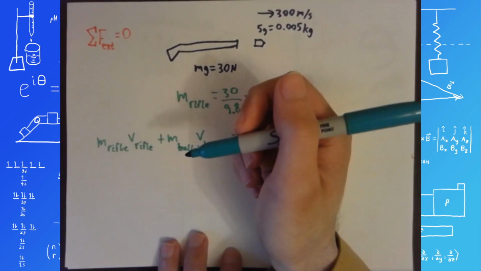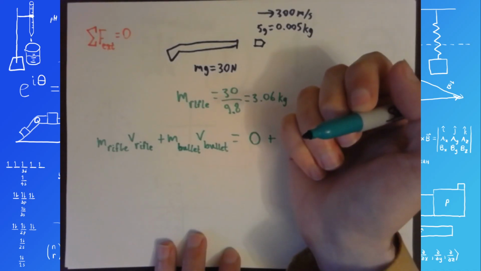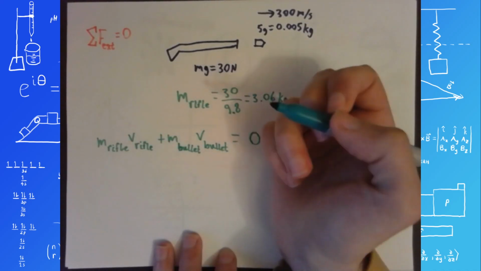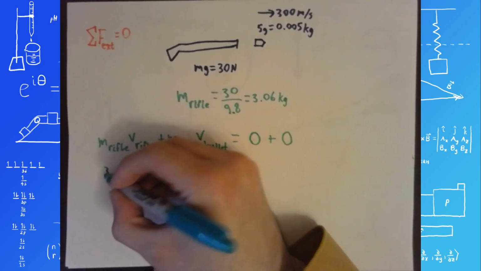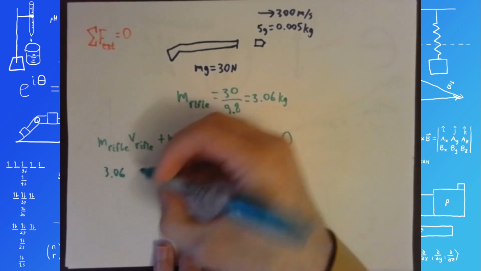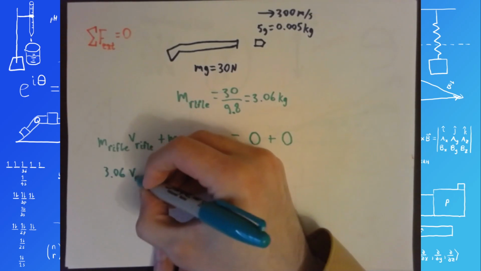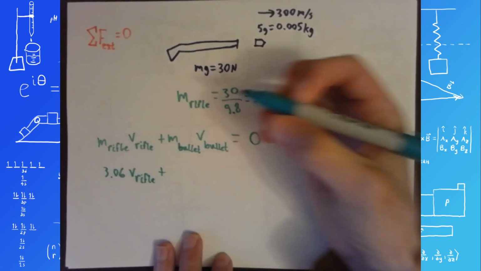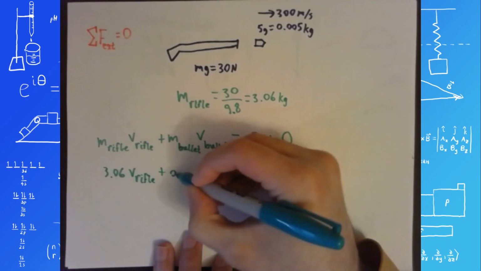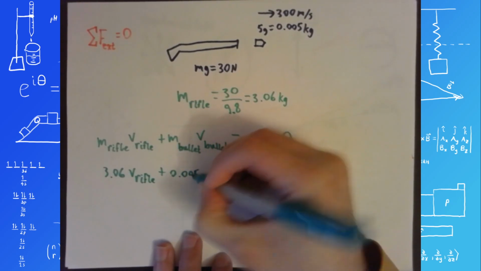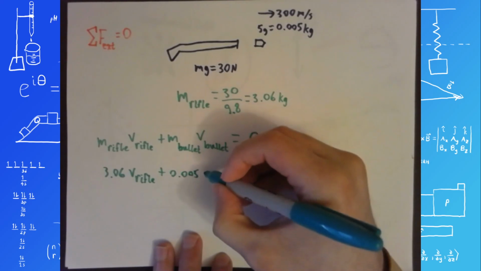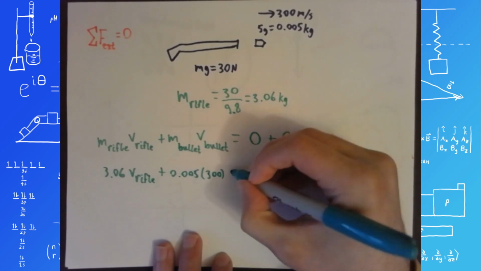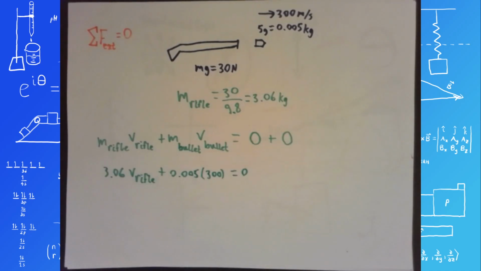So that leaves us with, what can we substitute in? We've got 3.06 times V rifle is our unknown, plus 0.005 kilograms for the bullet times V bullet is 300 equals 0.